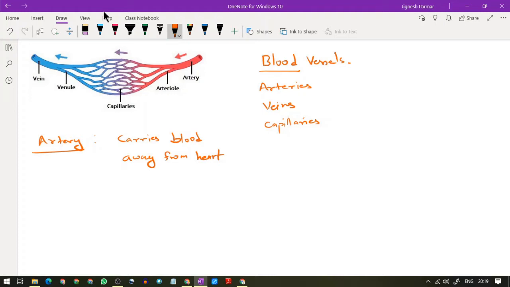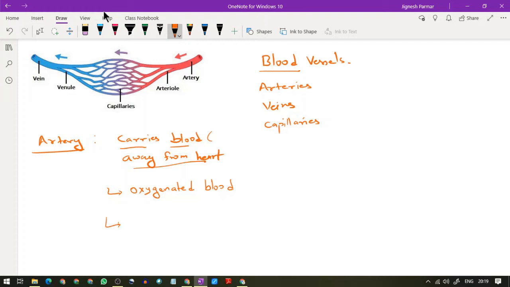So they carry blood away from the heart, and if it is carrying away from the heart, it means they have oxygenated blood. What kind of blood do they have? Oxygenated blood. It is not deoxygenated, but it carries oxygen along with it.